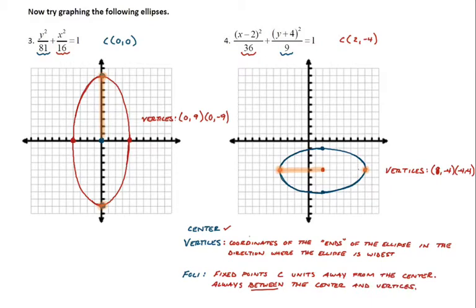So again, if you look at these examples here for 3 and 4, we have our center, we have our vertices at the ends of our ellipse. The focus should be a point somewhere in between the center and the vertex on each side. So we'll look at how to find that in a second, but again, if I just sketched something in terms of a foci for number 3, I don't know specifically where that point is yet.